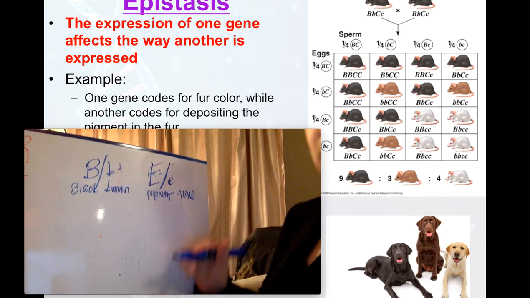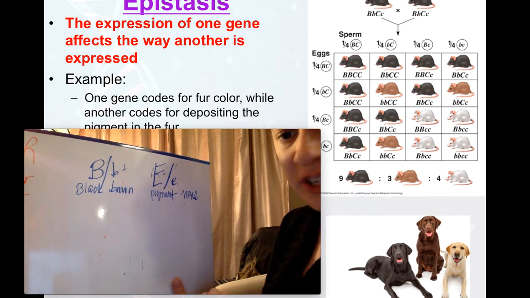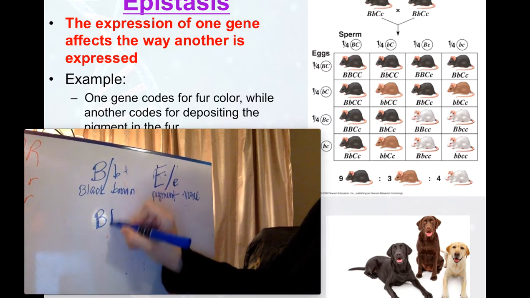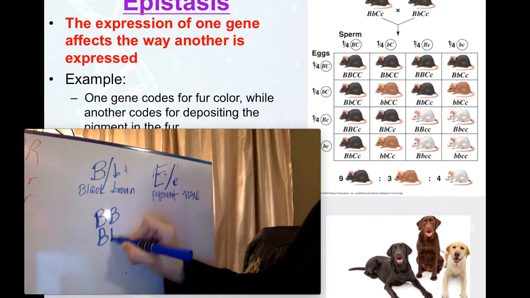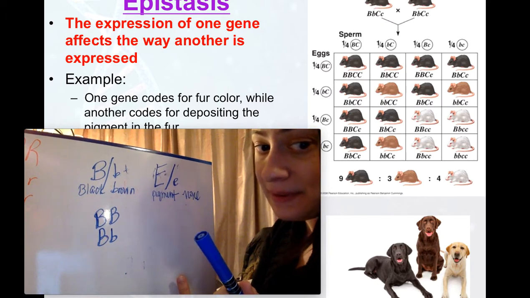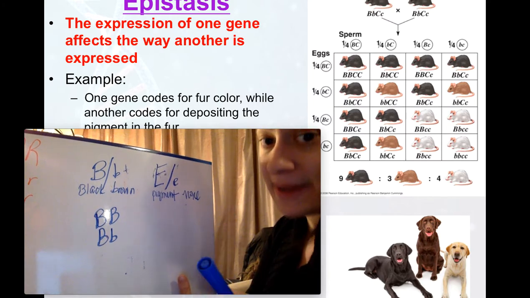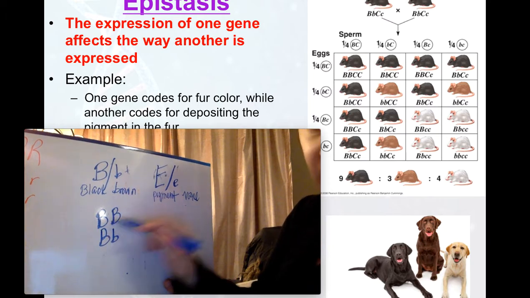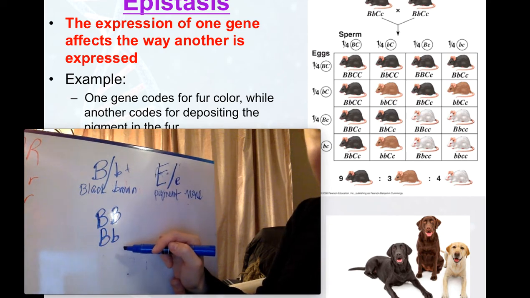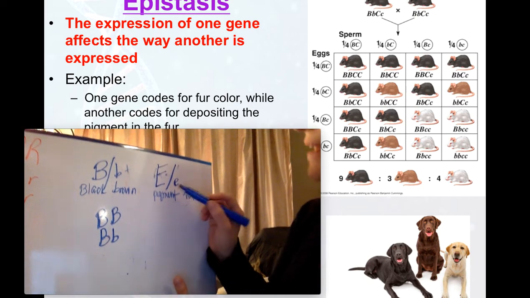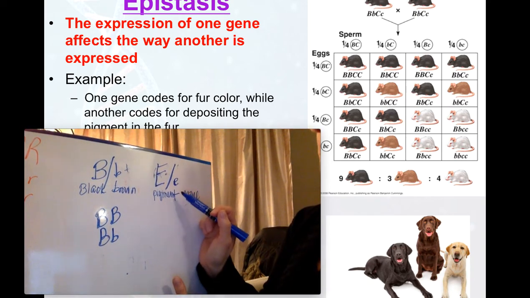So, for example, if we want to give the genotype for a black lab, that black lab could be big B, big B, or big B, little b. But that black lab must have pigment produced. So we took care of the genotype, big B, big B, little b. Little b doesn't code for black, it codes for brown. But we need to make sure that pigment is produced.